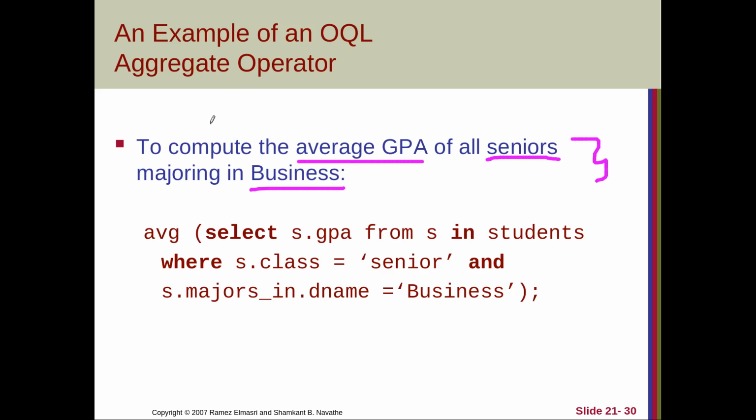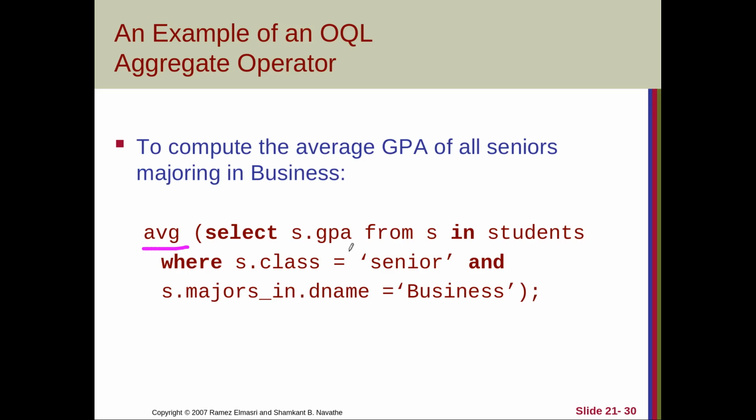So how can we select this? AVG of, then we have to specify the select statement that selects all the students who are majoring in business and their corresponding CGPA.